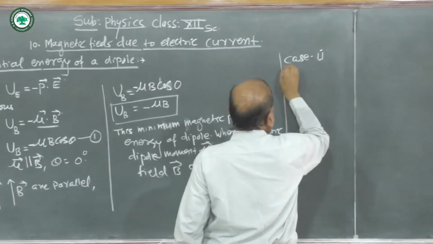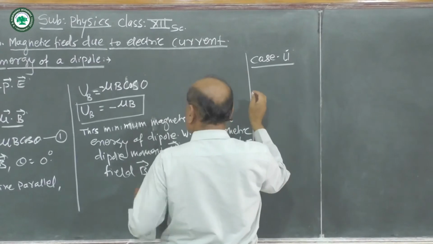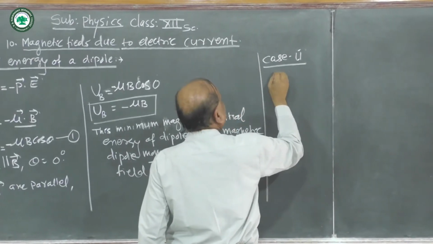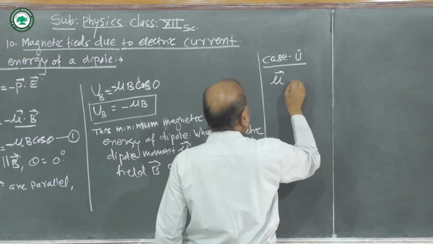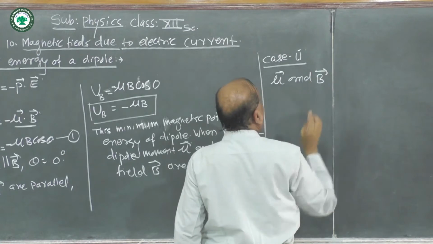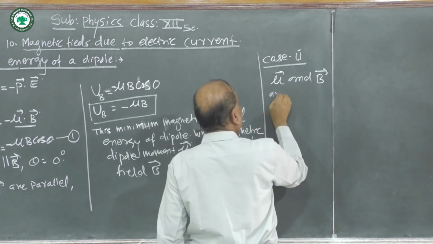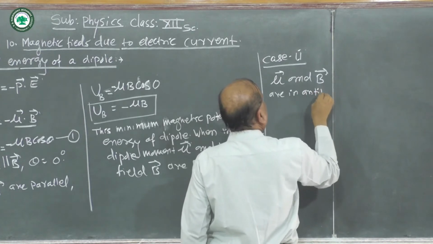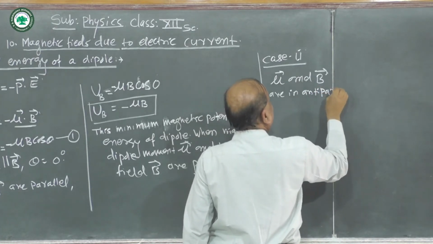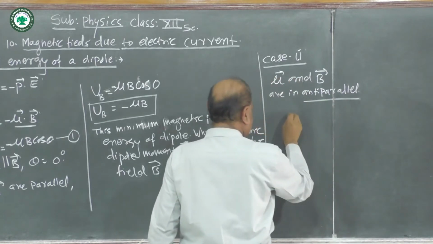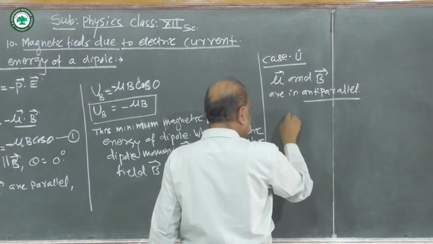Now here we discuss the second case, case number 2. Now the magnetic dipole moment mu bar and magnetic field B bar are anti-parallel, means their directions are like this.